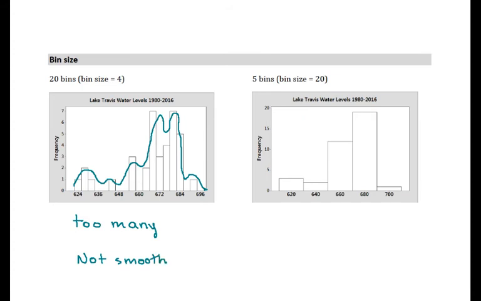Whereas over here, this is a reasonable histogram still, but maybe we prefer to have more bins because we could see, for example, in that last histogram that there were a few empty bins over here as we get into the lower levels.